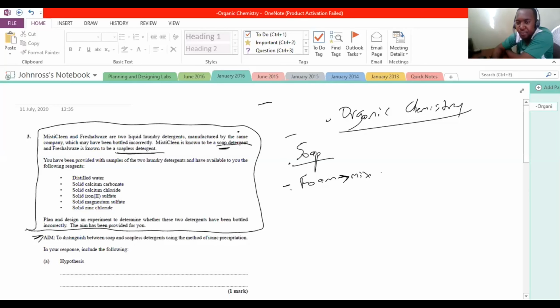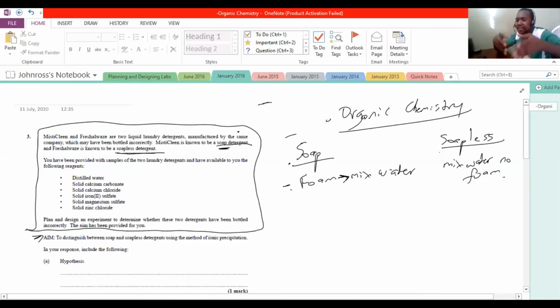So if soap has foam when mixed with water, then we can safely conclude that soapless would mean that when it is mixed with water, there is no foam.